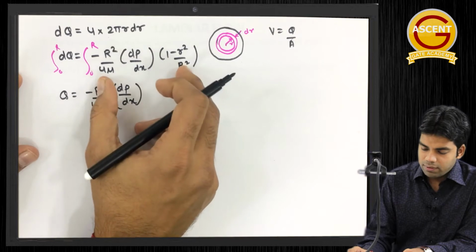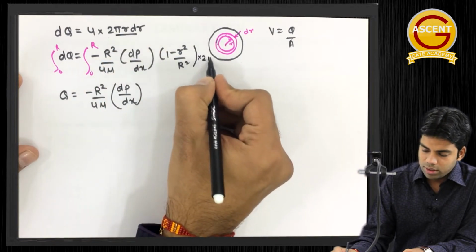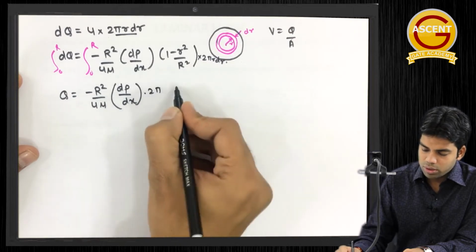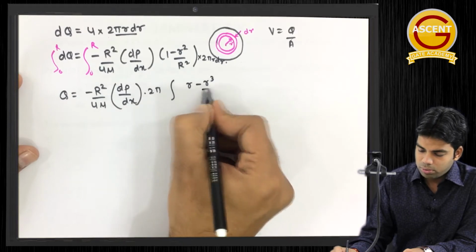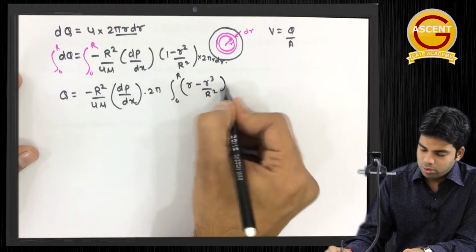And this is the value for u, we will have to multiply it by 2 pi r into dr. Just take 2 pi also as constant, so inside we will get r minus r cube by R square, integration from 0 to R into dr.